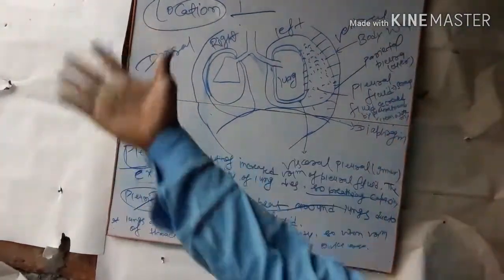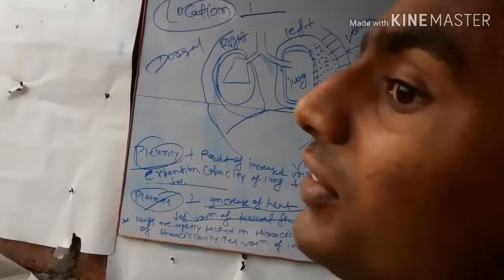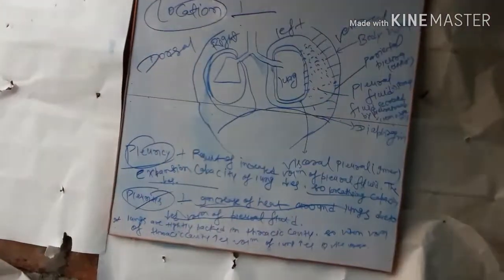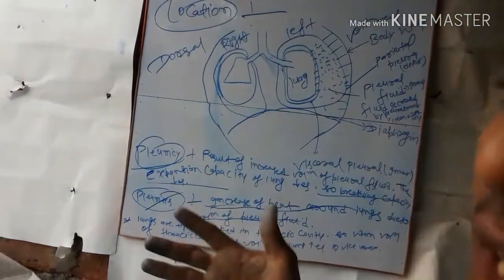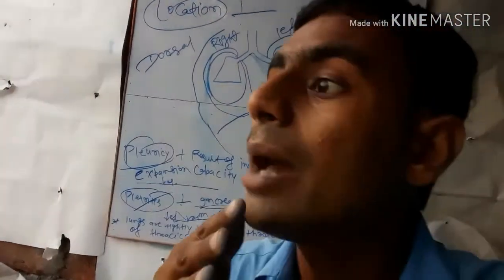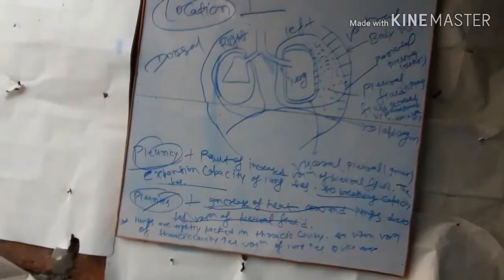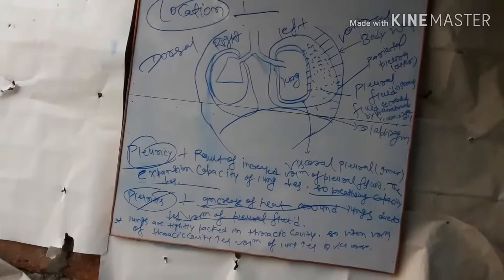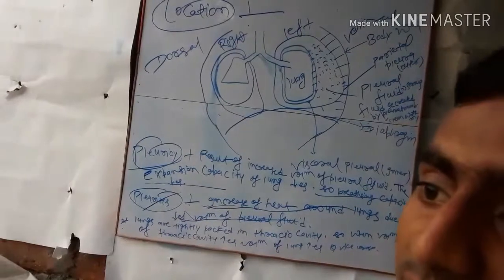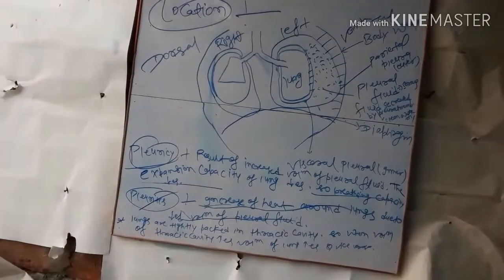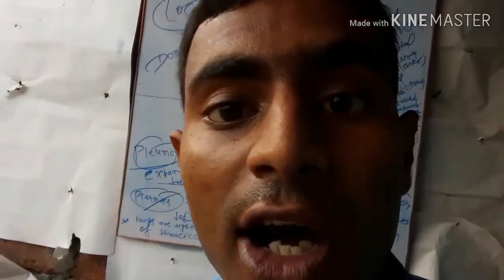So how will inhalation happen? When the volume of the thoracic cavity increases, the volume of lungs increases, so pulmonary air pressure decreases in comparison to atmospheric air pressure.